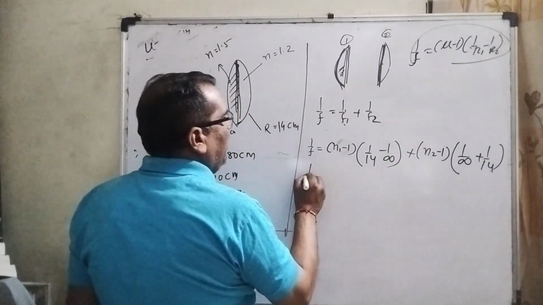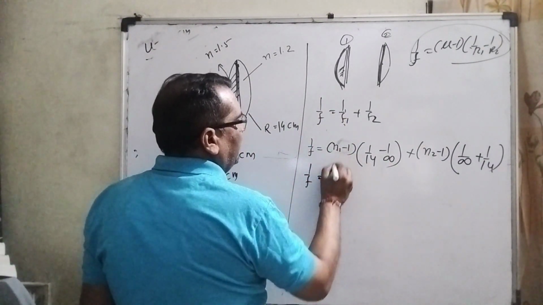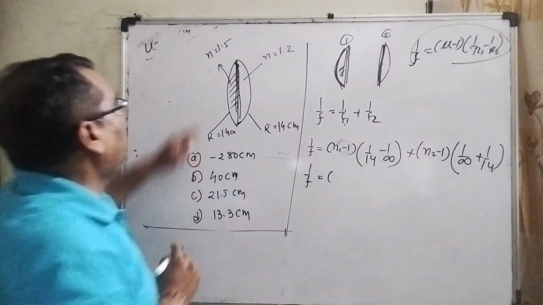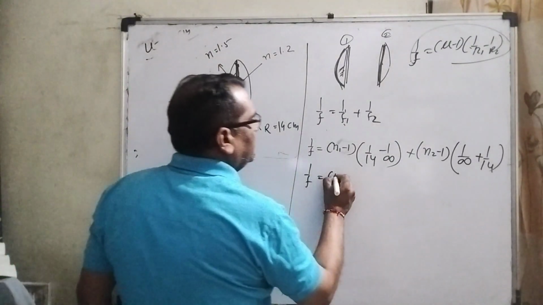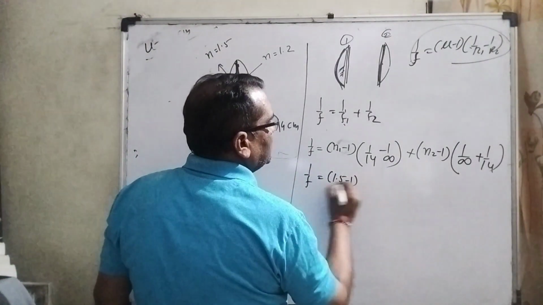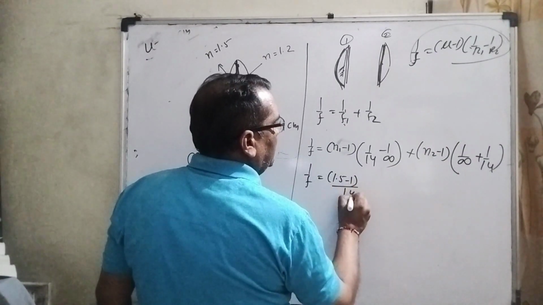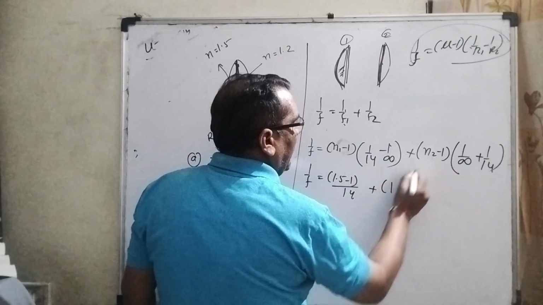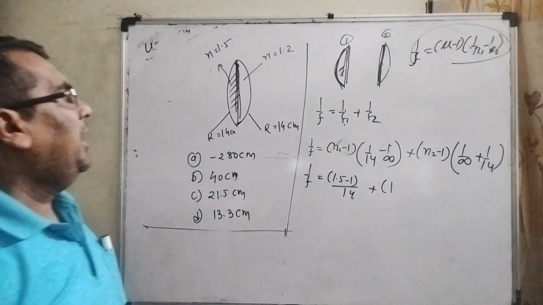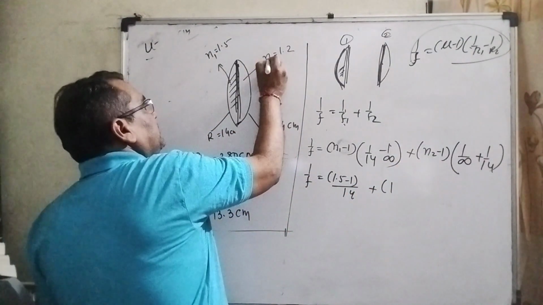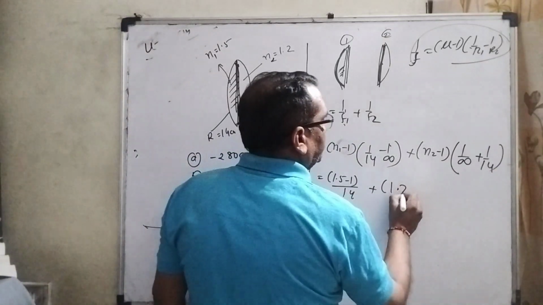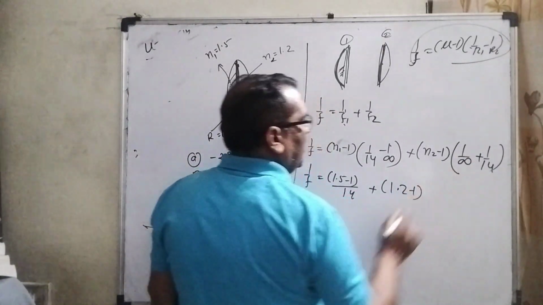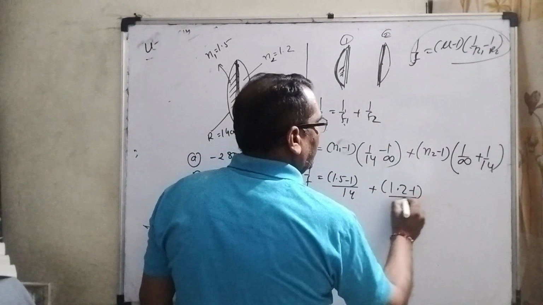Then 1 by f, what is n1? 1.5 minus 1 by 14, something upon infinity 0, plus again n2. What is n2? n2 is 1.2 minus 1, something upon infinity again 0, then 1 by 14.